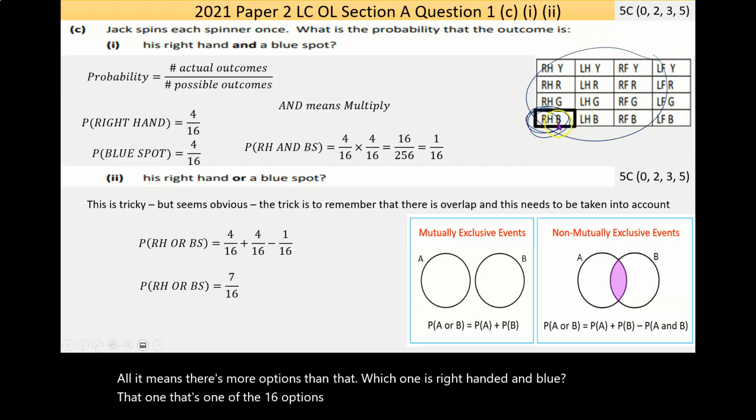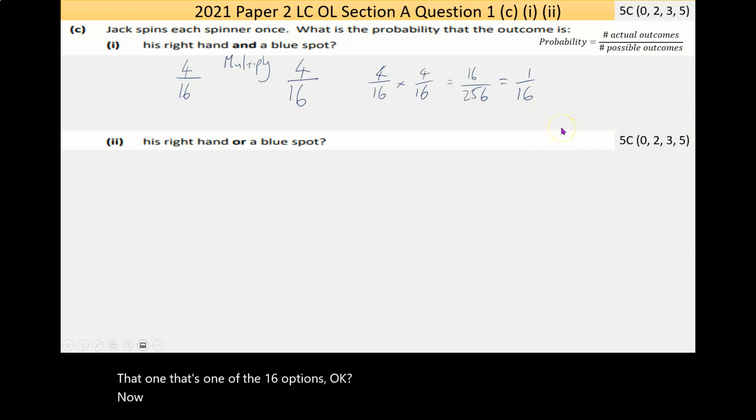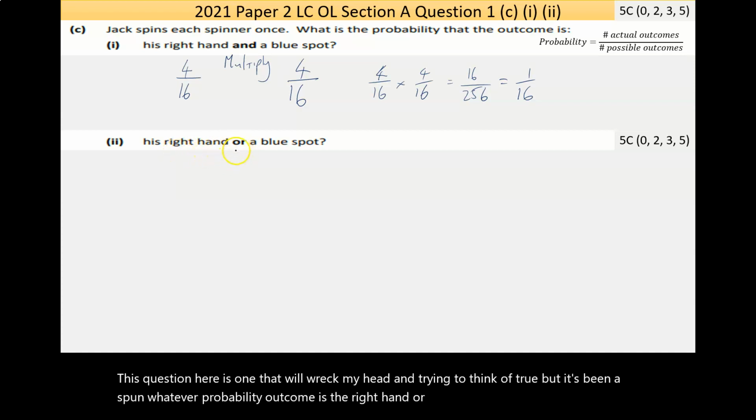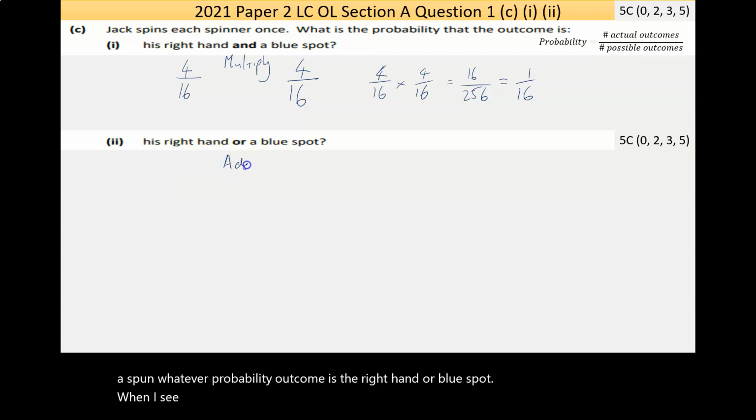Now, going back here, the next one, part two, and there's no harm pointing out now that sometimes probability is kind of counterintuitive. This question here is one that would wreck my head trying to think it through. But the probability of the outcome is the right hand or blue spot. Now, when I see "or", I think immediately I'm going to have to add.